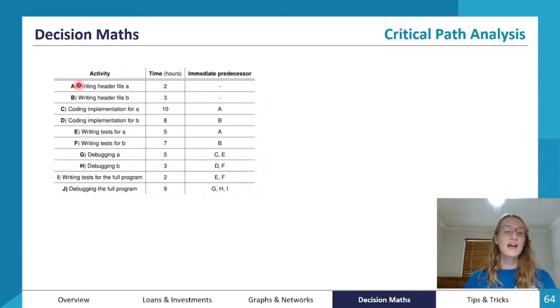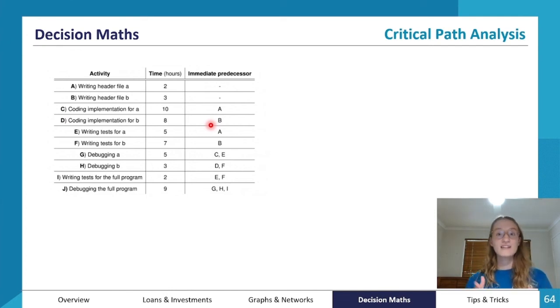So here we can see that activities A and B, so writing the header file A and B, don't have any immediate predecessors. That means they can be completed right at the start of the project. And then when you look down to activities C and D, coding implementation for A and coding implementation for B, you can see that they do have immediate predecessors.